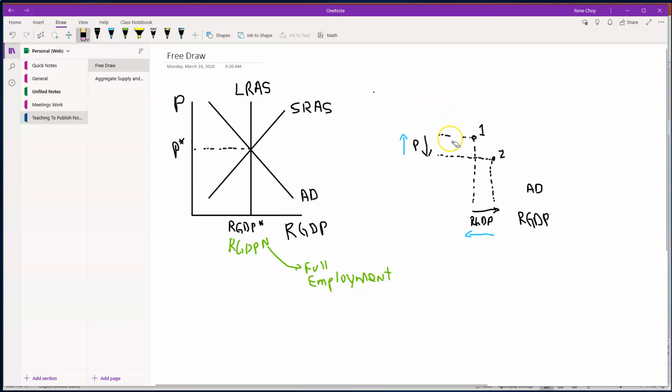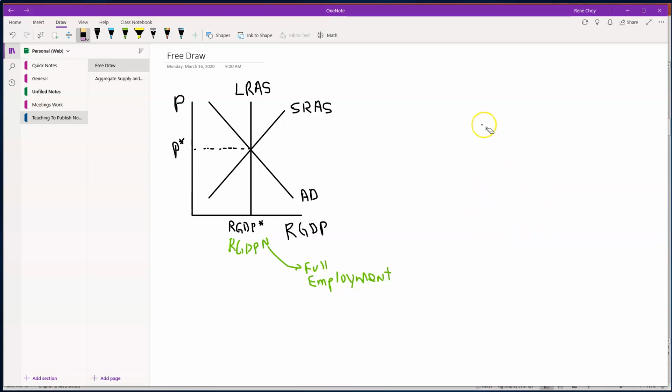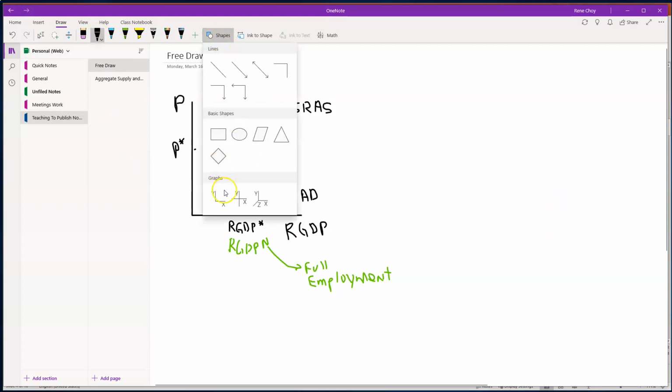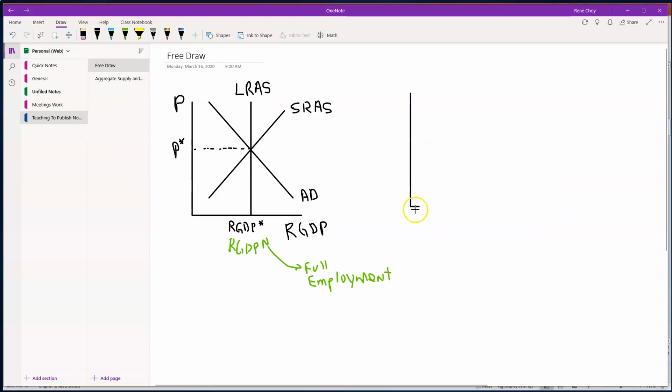So let me take my model out of here. Alright, so again, a shift is something that makes a line move right or left.